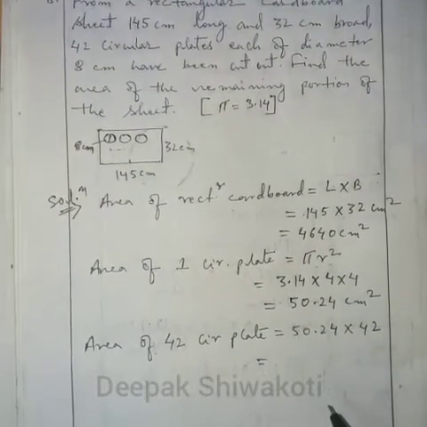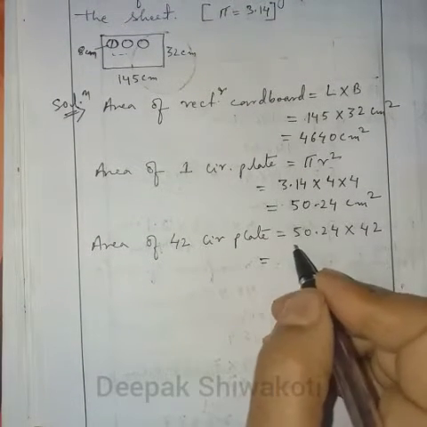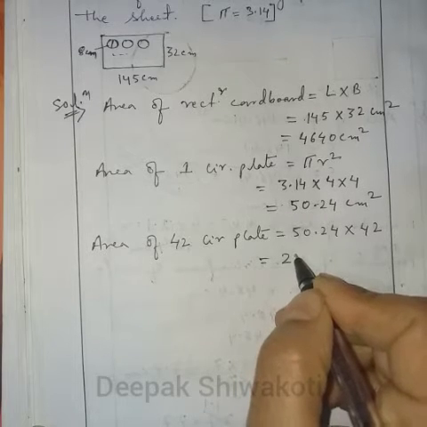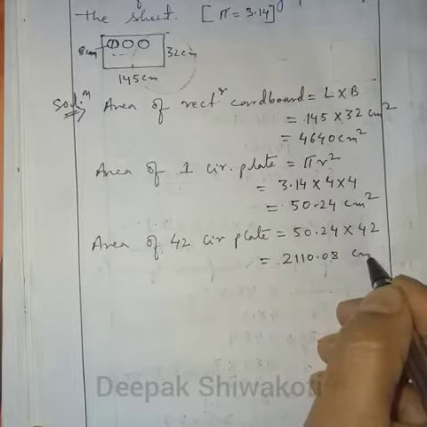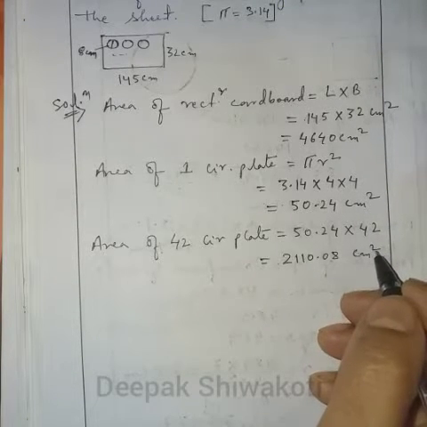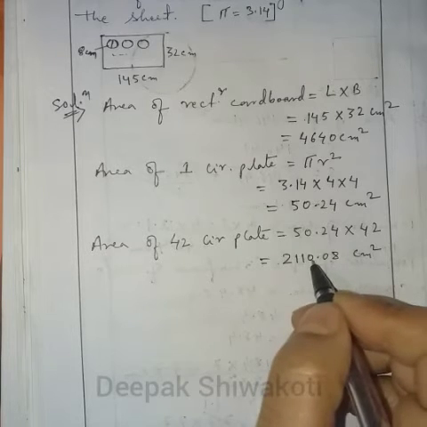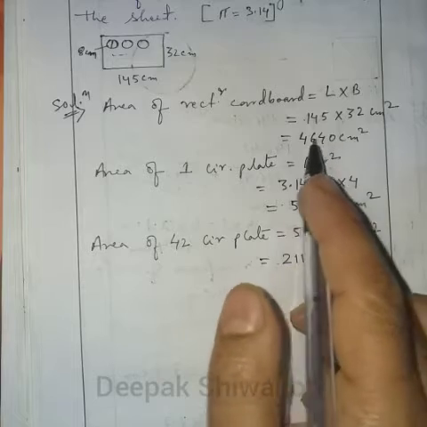So here the area of 42 circular plates will be equal to 2110.08 centimeter square.